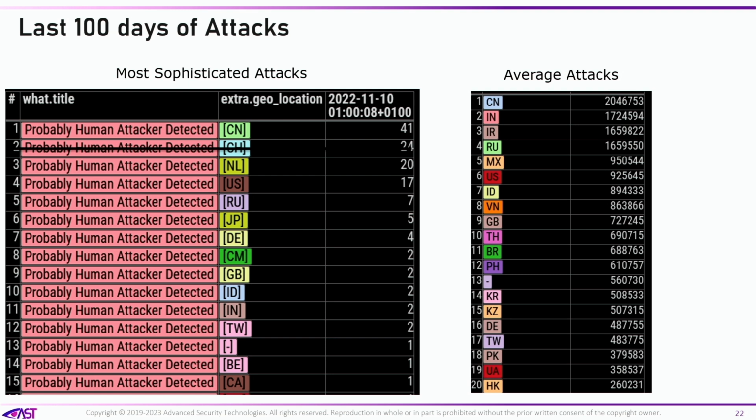How we correlate, how we get to the conclusion that someone is a human attacker and not a script or bot, is by deviation of the time of attacks. And here is also the geolocation of the attackers.